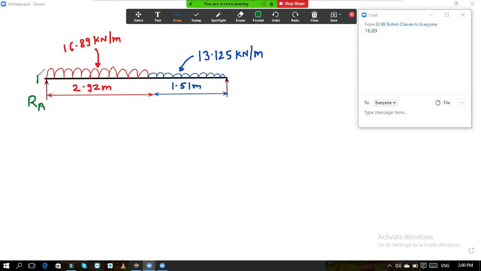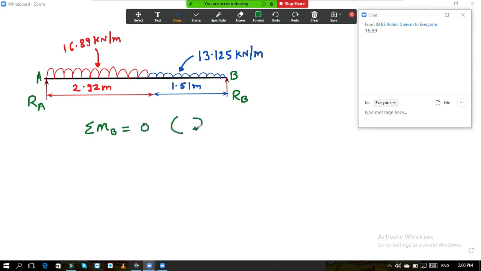So now if you see these points, here it is your reaction RA. Suppose this is your point A, this is your point B, this is the reaction RB. Now we need to find out the maximum bending moment over here. To calculate it, first calculate the values of reactions. So we will calculate the value of RA. We take the sum of moments of all the forces about B equal to 0.